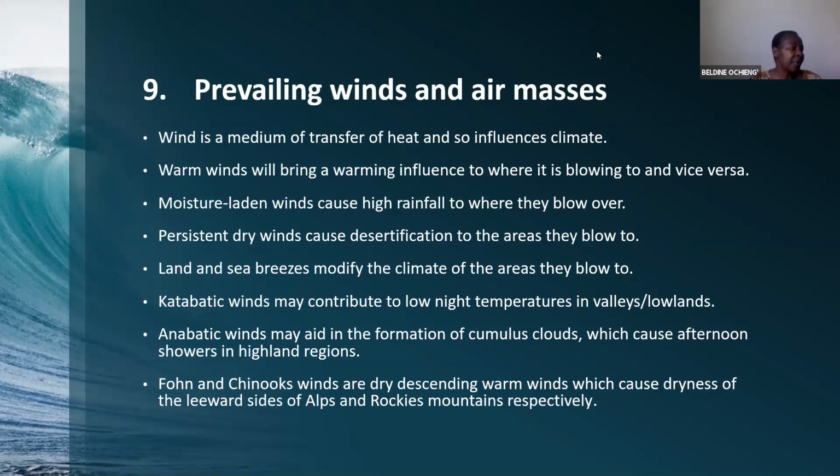Warm winds will bring a warming influence to where they are blowing, and vice versa. Please do not write vice versa in an exam situation. So warm winds will bring a warming influence to where they are blowing, and cold winds will bring a cooling influence or effect to where they are blowing.